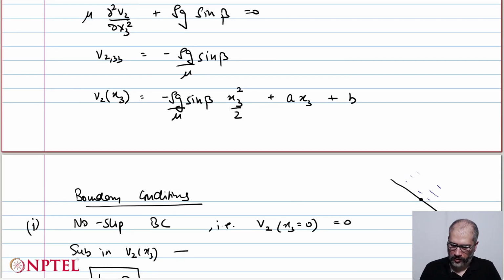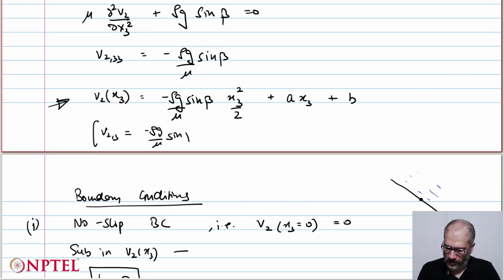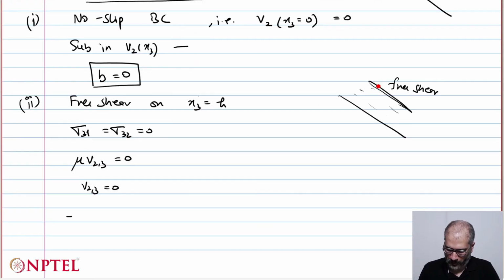And if you look at this function, if I differentiate that with respect to x3, we get v2 comma 3 as minus rho g upon mu times sine beta times x3 plus a. So this is 0 at x3 equal to h. So we have minus rho g upon mu times sine beta times h plus a equal to 0.